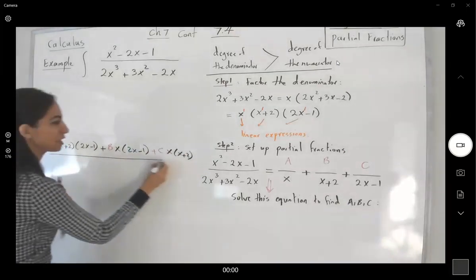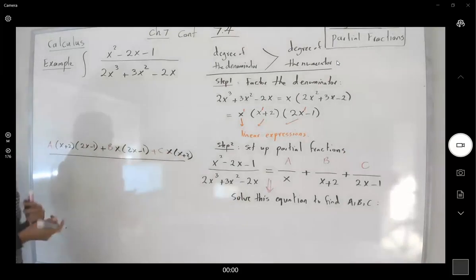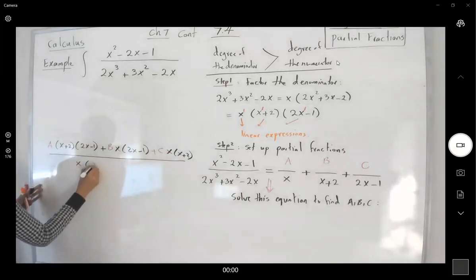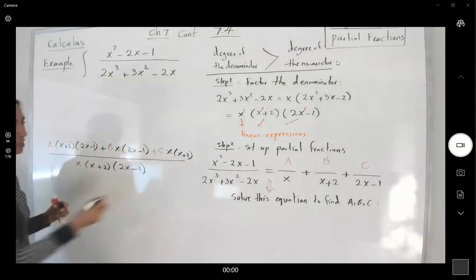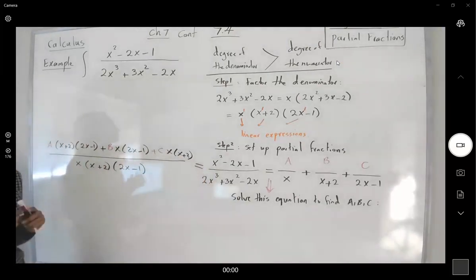And my denominator is going to be the same as this denominator, or just the multiplication of x, x plus 2, 2x minus 1. These are all the same.